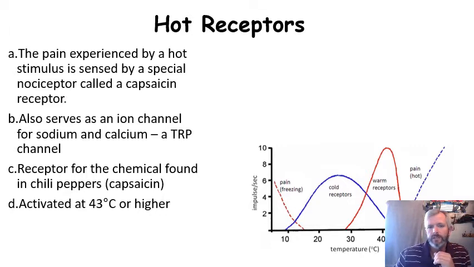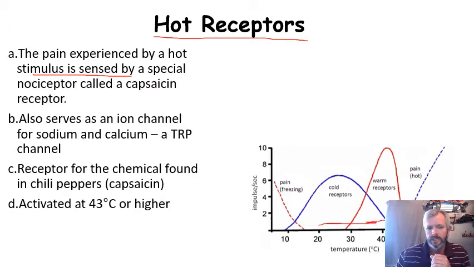Now there are hot receptors, but where do you think hot receptors fall in? They fall in the line of nociceptors, a stimulus special to nociceptors. Again, there are TRP channels, but they're not going to be open when we're down in these cooler ranges.